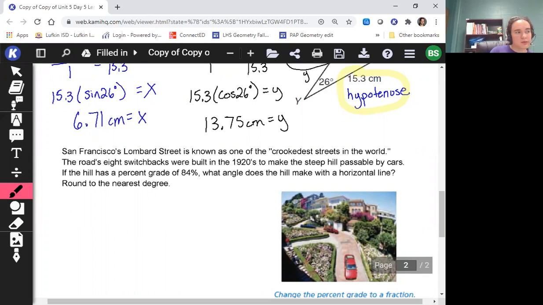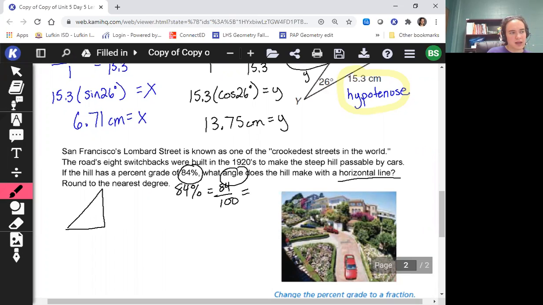So our important information here is that 84%. And we want to know what angle it makes with the horizontal line. So we have a triangle here. That 84%, remember if we change it to a fraction, is 84 over 100.